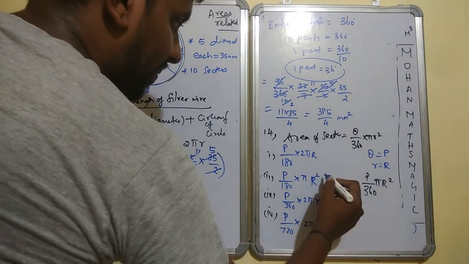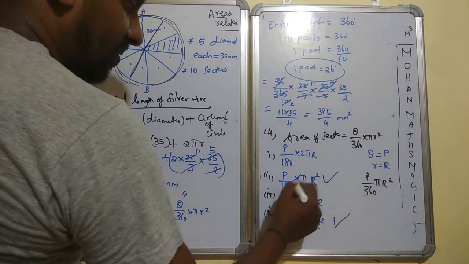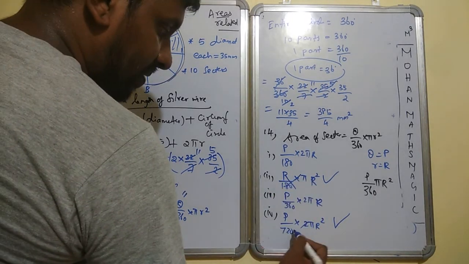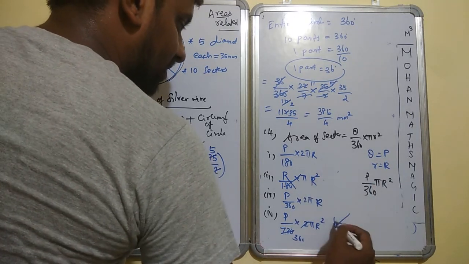See here, pi r square comes, only two are there. Of these two, this one is correct; here divided by 180 is wrong. Now here, cancelling 2 in 720 gives 360. So P by 360 into pi r square. So the correct answer is D.